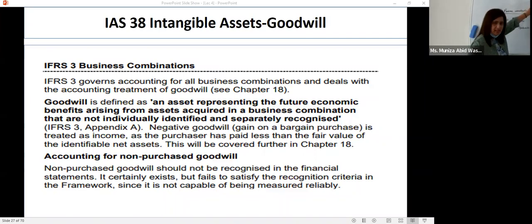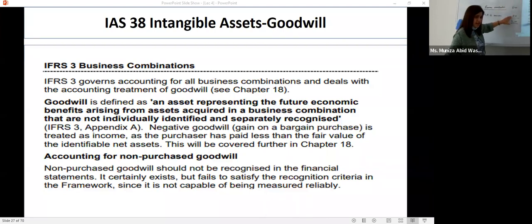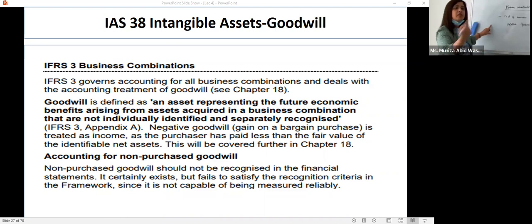The amount which we are paying over and above the net assets of that business is because of the goodwill, the good repute of the business which it has built over the passage of time. Sometimes we are paying a lesser amount. This amount is known as positive goodwill when we are paying more than the net assets of the business.